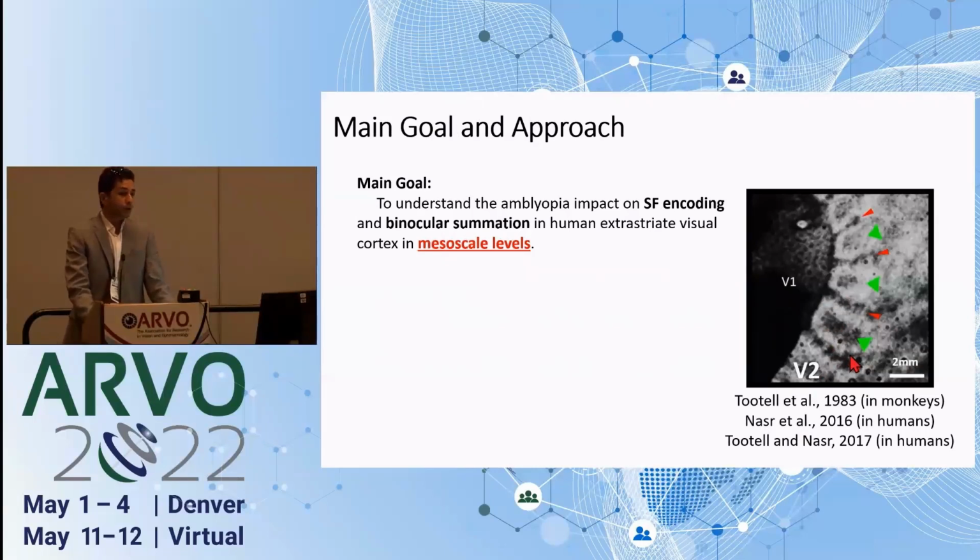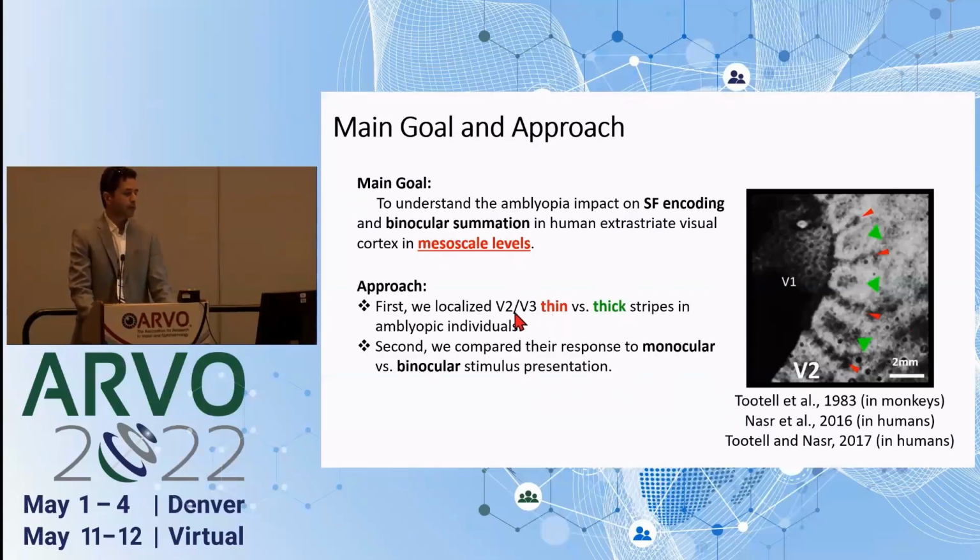And these clusters' spatial frequency preference differs significantly from each other. So there is a good chance that they are affected by amblyopia differently. This is what we want to test here, especially during binocular summation.